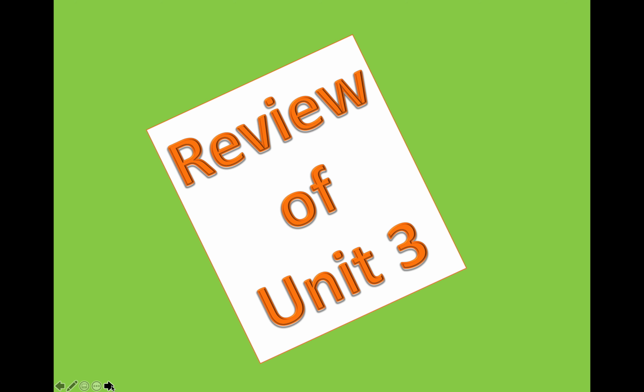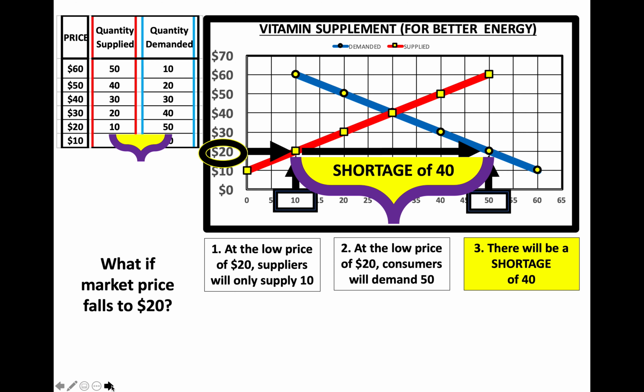Let's quickly review what you covered in Unit 3. Remember, in Unit 3, we were looking at the difference in supply and demand, and we saw what would happen if you had a supply schedule and a demand schedule. And then what happens if there's a market price that's set different than the equilibrium price?